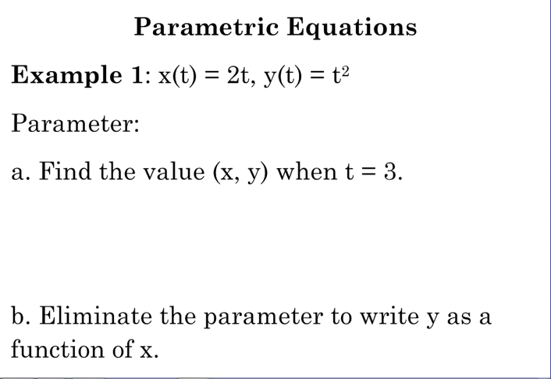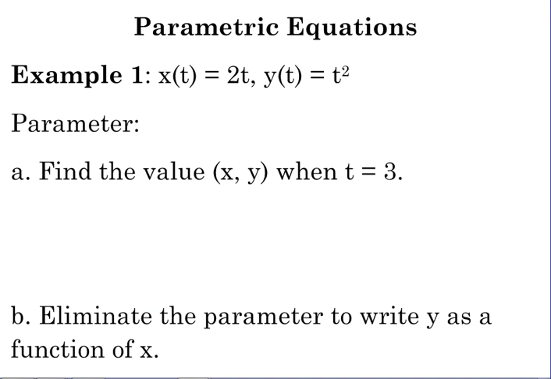Nine times out of ten, it's time, especially when there are some application problems. It's usually an application of time. But essentially, it's kind of a system of equations. You're going to be given two equations. In the first example on your paper, x of t is equal to 2t, y of t is equal to t squared.